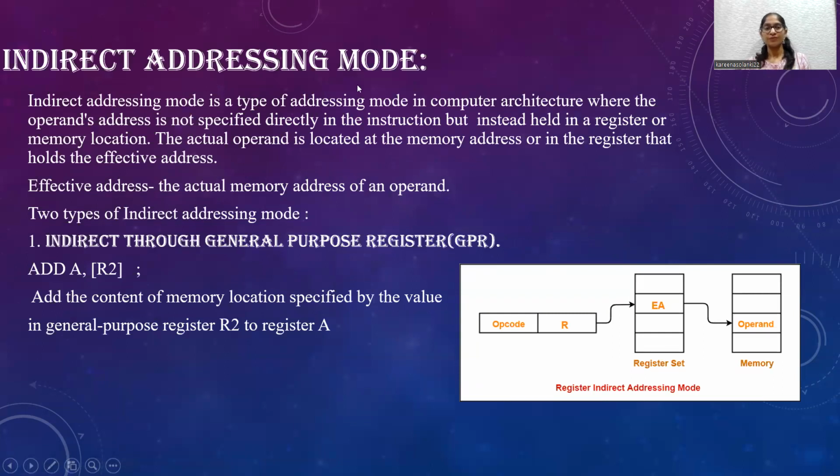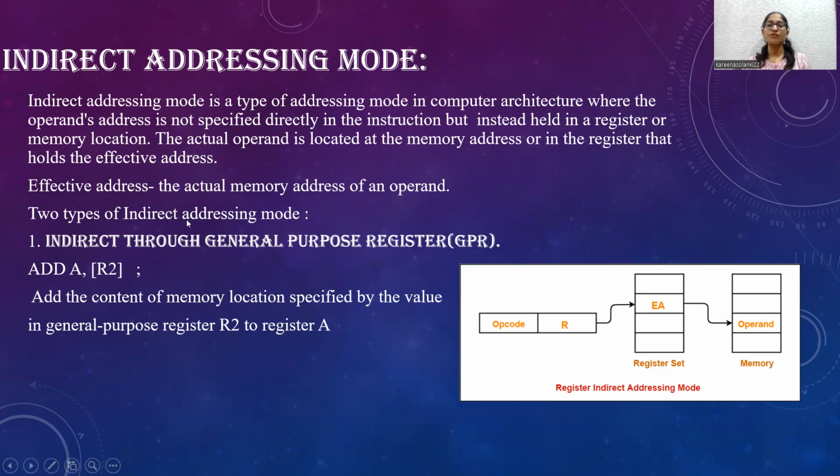Indirect addressing mode. It is a type of addressing mode in computer architecture where the operand's address is not specified directly in the instruction, but instead it is held in a register or the memory location. The actual operand is located at the memory address or in the register that holds the effective address. Here, the effective address holds the actual memory address of an operand.